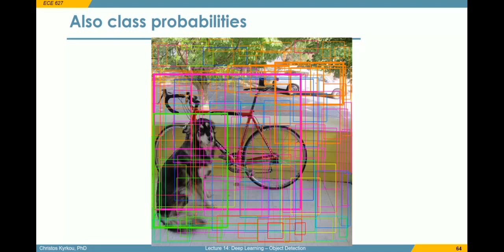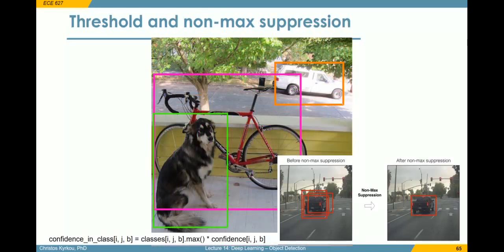Then what usually happens is that we have to post-process all these predictions to make sense and remove noise. So basically, we do some thresholding, and we apply a method called non-maximum suppression. We first threshold each box by multiplying the class score with the objectness score, the confidence that there is an object.